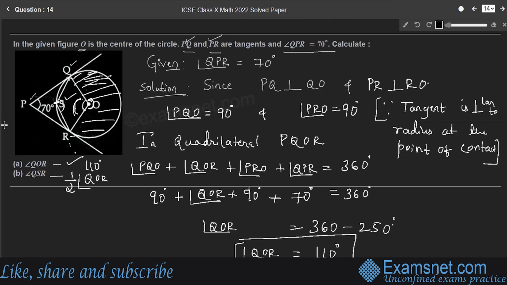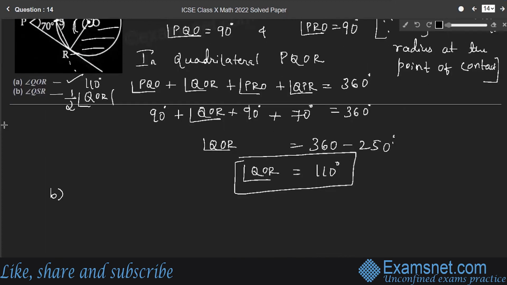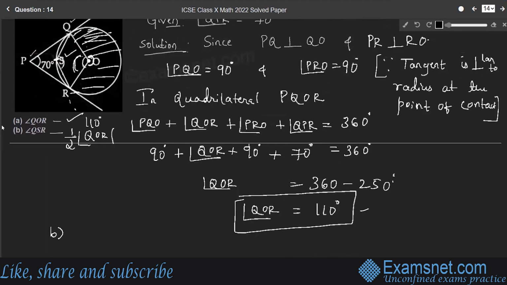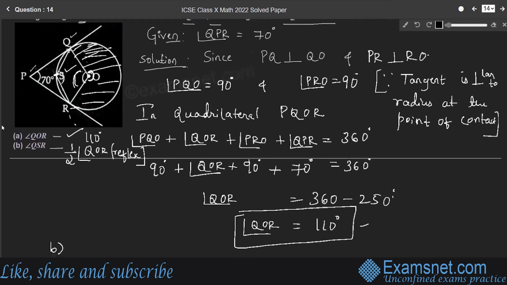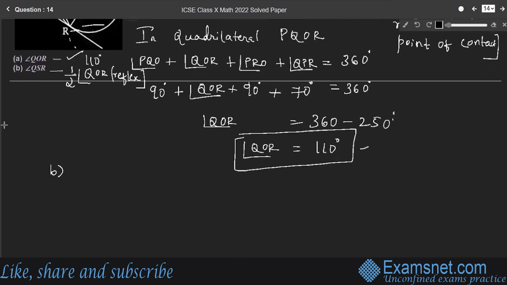This QOR is the reflex of angle QOR, which we have just calculated, made by the arc QR. Therefore, we consider reflex of angle QOR is equal to 2 times angle QSR, right?